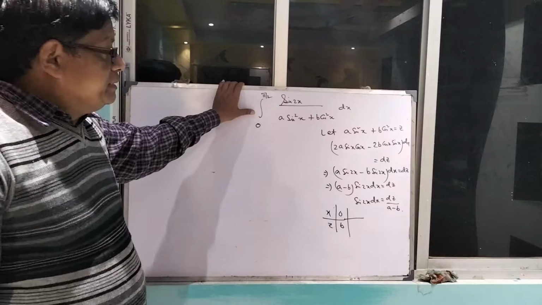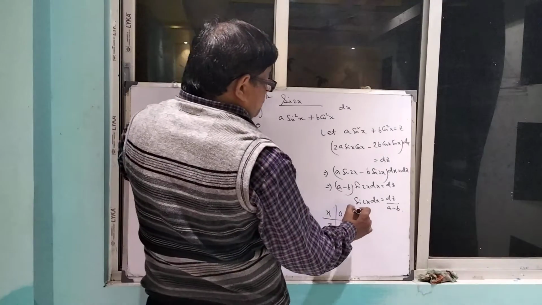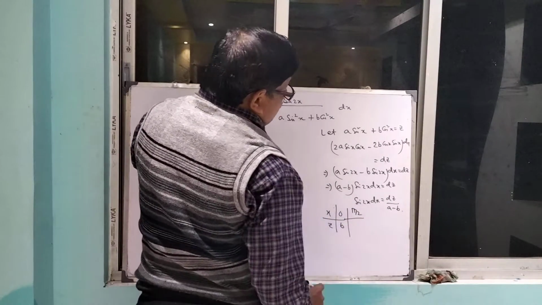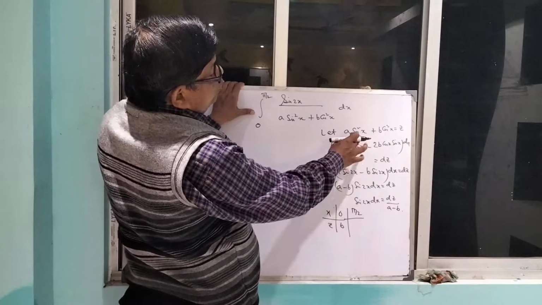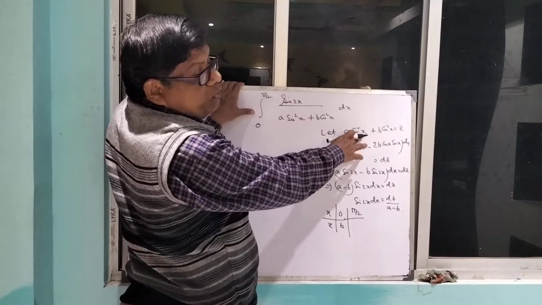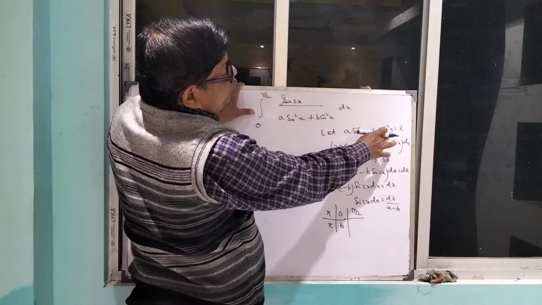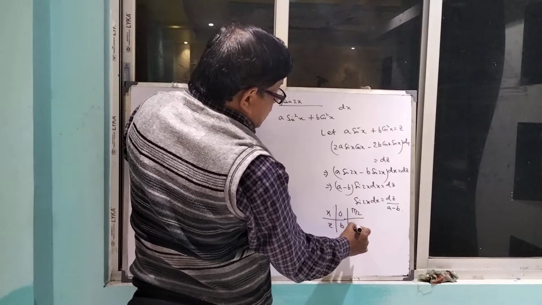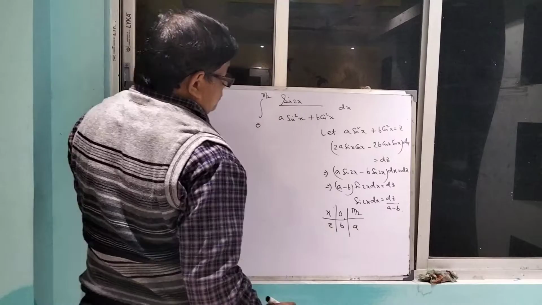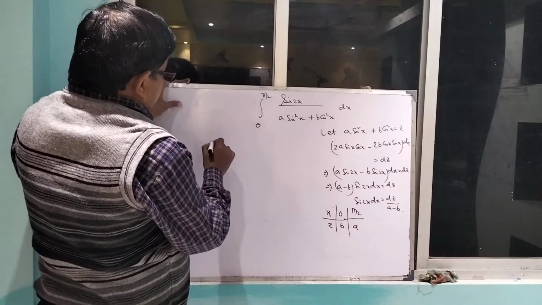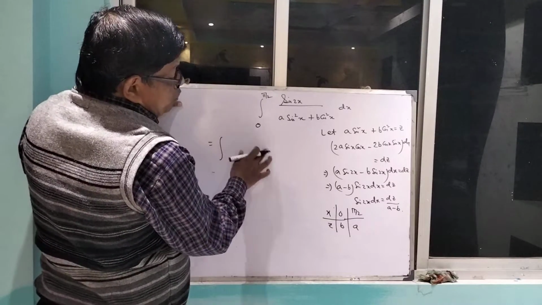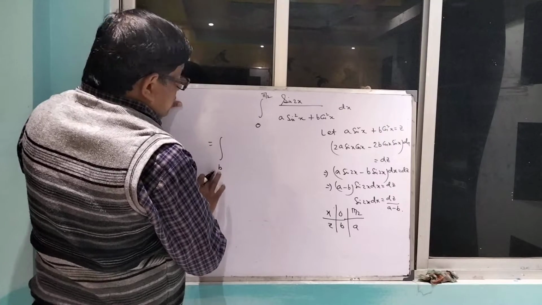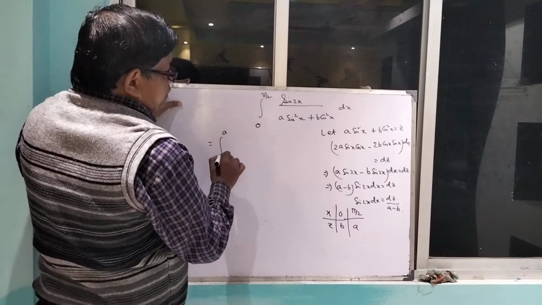And if x equals pi by 2, sin 90 degrees is 1, so a, and this part will be 0. So this part will be a. So the limits go from b to a.